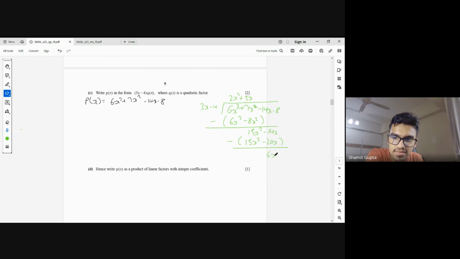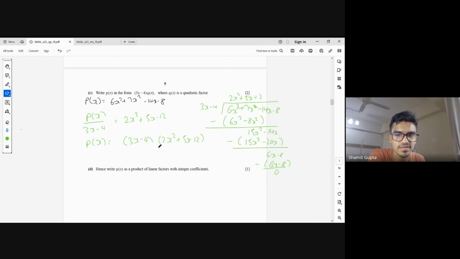This will be 6x minus 8, plus 2, minus 6x minus 8, 0. So that means p(x) divided by 3x minus 4 is equal to 2x squared plus 5x minus 12. So p(x) is equal to 3x minus 4 times 2x squared plus 5x minus 12.